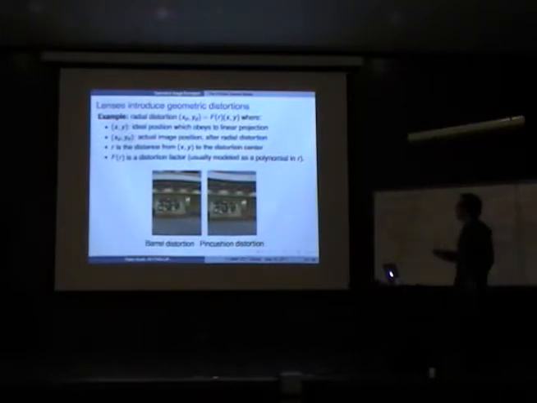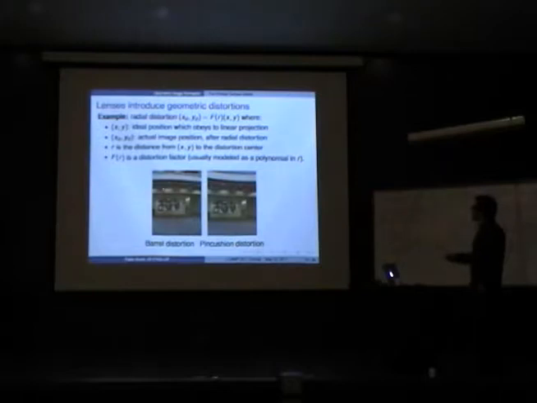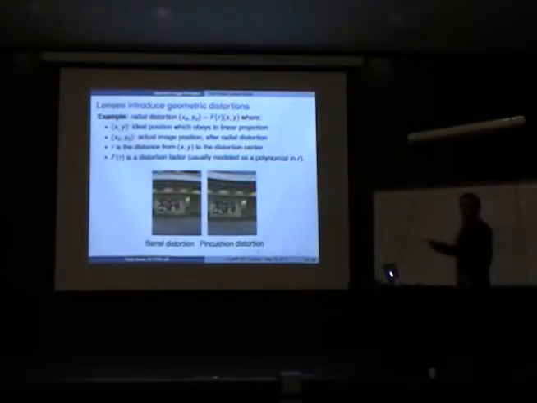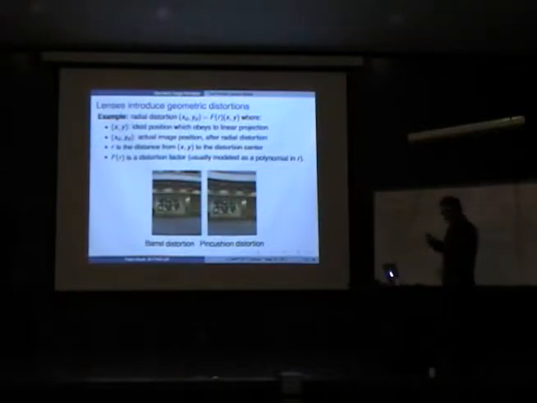This is called the barrel distortion, and this is called the pincushion distortion. So in computer vision, this is generally the kind of distortion model which is used: the distortion that depends on the distance from the distortion center. It's a radial function, because for computer vision purposes, that is accurate enough.